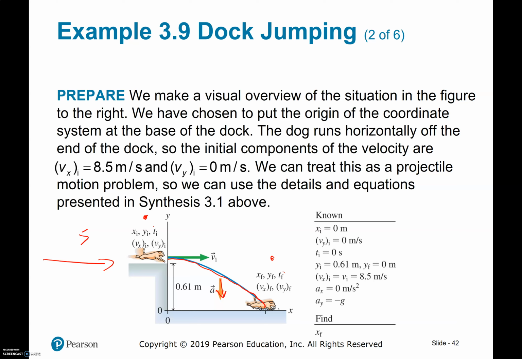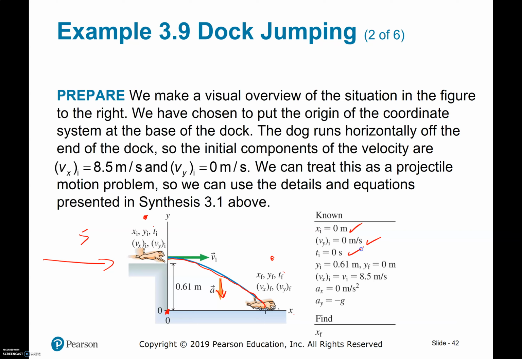So what do we know? Well, we can set our coordinate system here. This is our x, this is our y. The x coordinate of the initial position is 0, right? It's this point here. The initial velocity in y is 0 because it's not jumping up or down, it's just going straight, right?